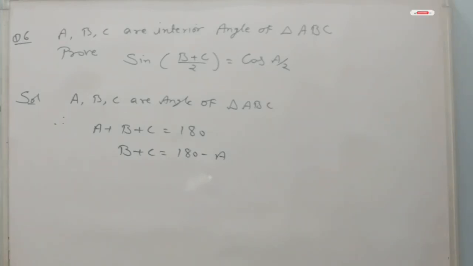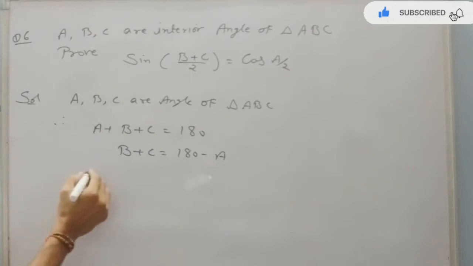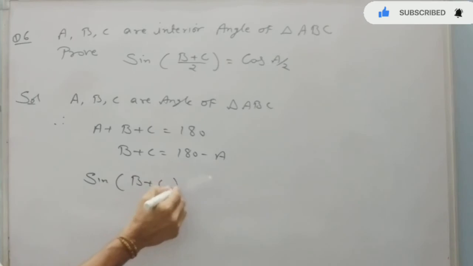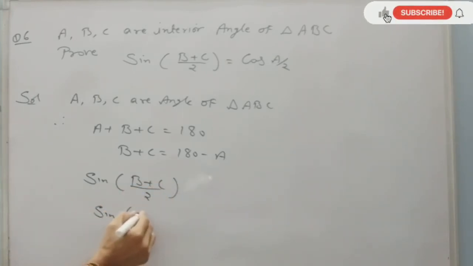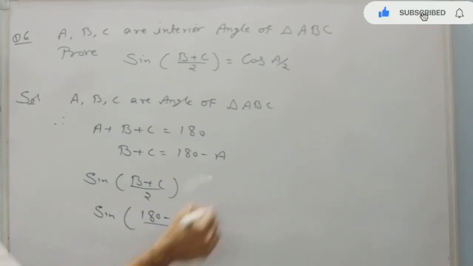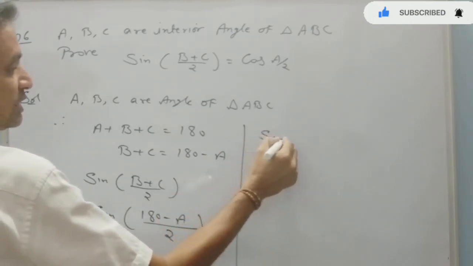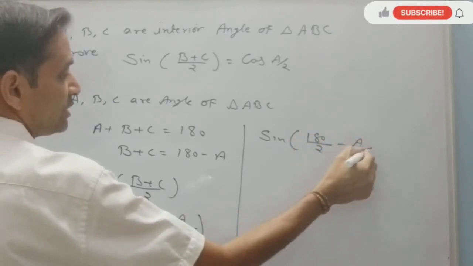Clear? Now, put the value of B plus C in the LHS term, and it will become sin of (B plus C) by 2. It means it is sin of (180 minus A) by 2. Take the 2 on both sides, then it is sin of 180 by 2, which can be written as minus A by 2.